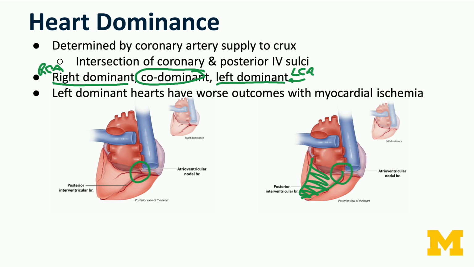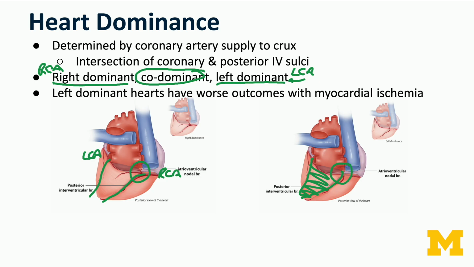So you could knock out all of the blood supply to the myocardium that hosts the conductive pathway to the ventricles. In a right dominant heart, the posterior interventricular branch is from the RCA. The anterior interventricular branch is from the LCA. And so you have two sources of blood to the interventricular septum. So if there's any sort of myocardial ischemia through either the left or the right coronary artery, an individual still has some blood flow through the other artery. And so they're at a selective advantage for myocardial ischemia.